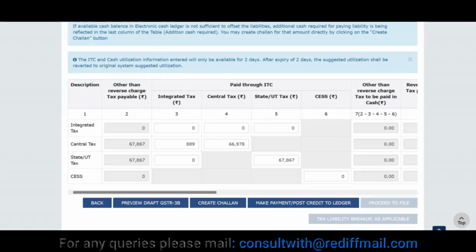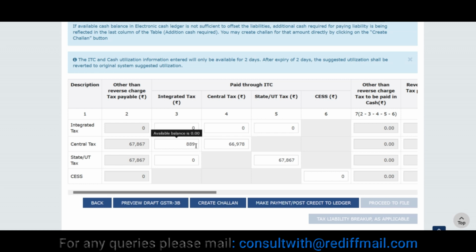As you know, the remaining ITC of IGST, this amount of 889, can be utilized towards the payment of CGST payable or SGST payable in any order. That is, you can make it 0 here and make it a total of 889 there.